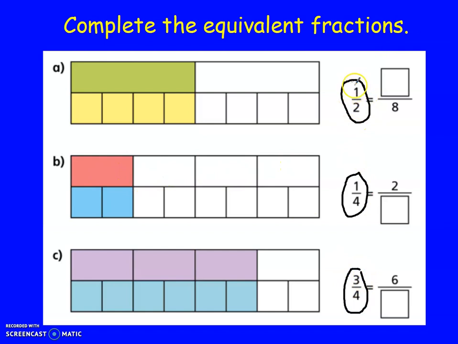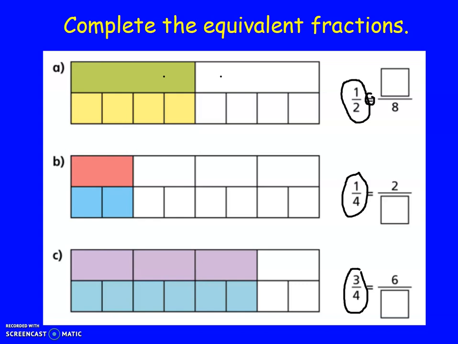Okay, so we've got 1/2, so 1 out of 2 is shaded. See if you can work out what the bottom fraction would be that is the equivalent or equal to 1/2. So in your books, I want you to write A, B and C, write 1/2, 1/4 and 3/4 and see if you can work out the equivalent fractions. Pause the video now and have a go.